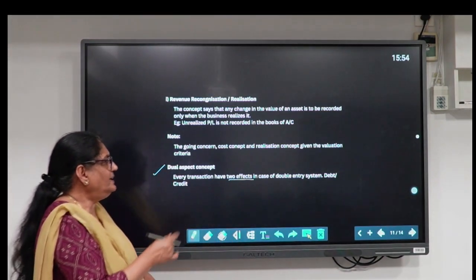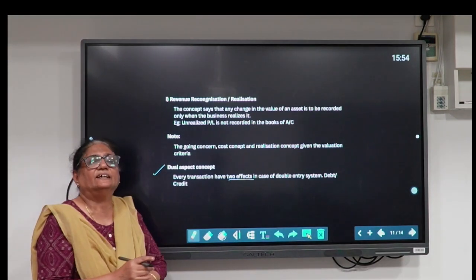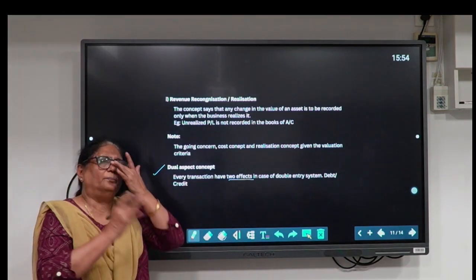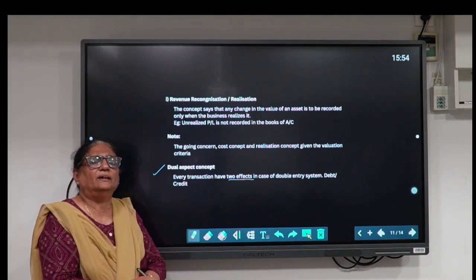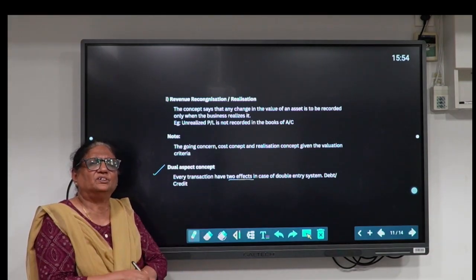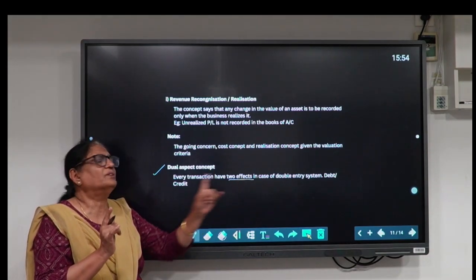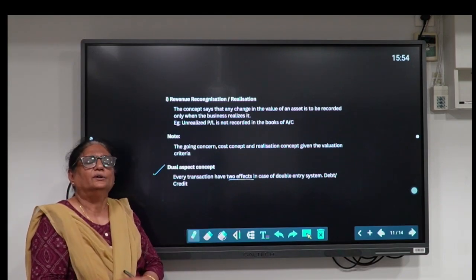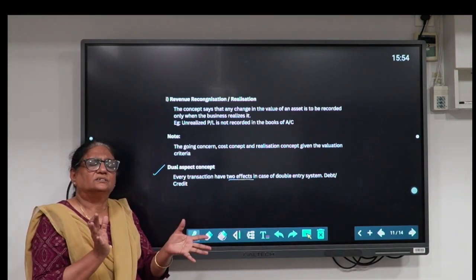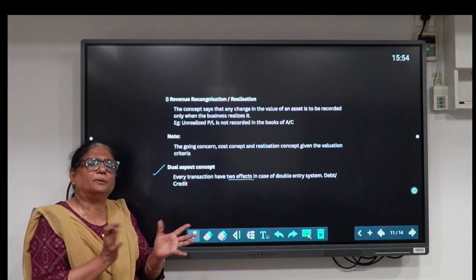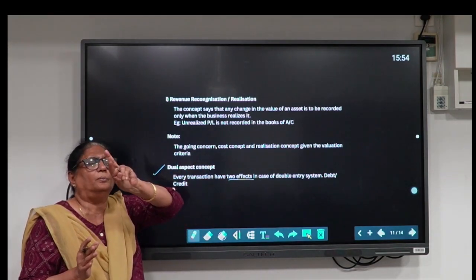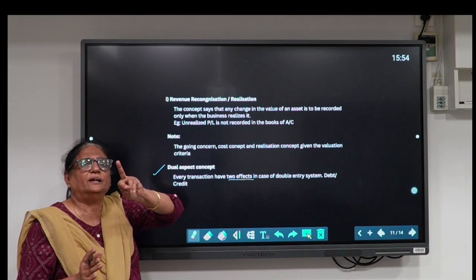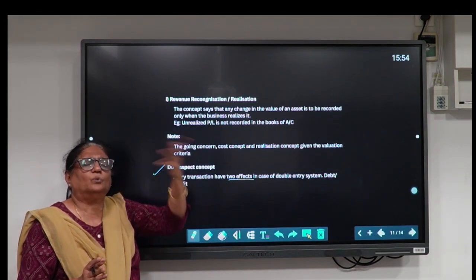In case of the double entry system, one debit and one credit. The whole of big businesses and banks are functioning, preparing financial statements, only on the basis of one debit and one credit. Your statement of profit and loss, your balance sheet, everything is prepared on only two rules: debit what comes in, credit what goes out.